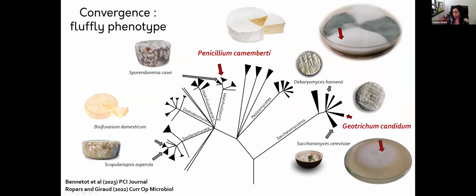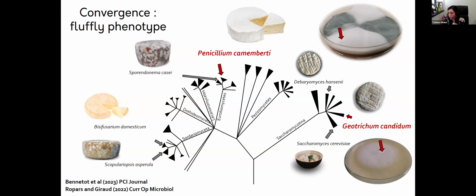And there are actually a lot of fungi, molds that have been domesticated for cheese making, all across the fungal tree. You can see some Scopulariopsis, Bifusarium, Sporendonema, and you have here the Penicillium. And interestingly, you have here the Penicillium camemberti, and we also domesticated Geotrichum candidum, a very, very distant genus, but it has almost the same phenotype on Petri dish as Penicillium camemberti, and actually we use it also for making camembert in mixture with the Penicillium camemberti because it remains white longer.